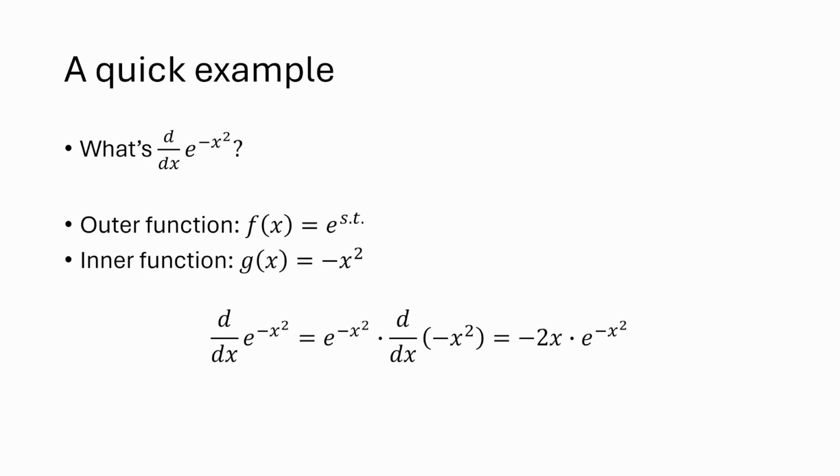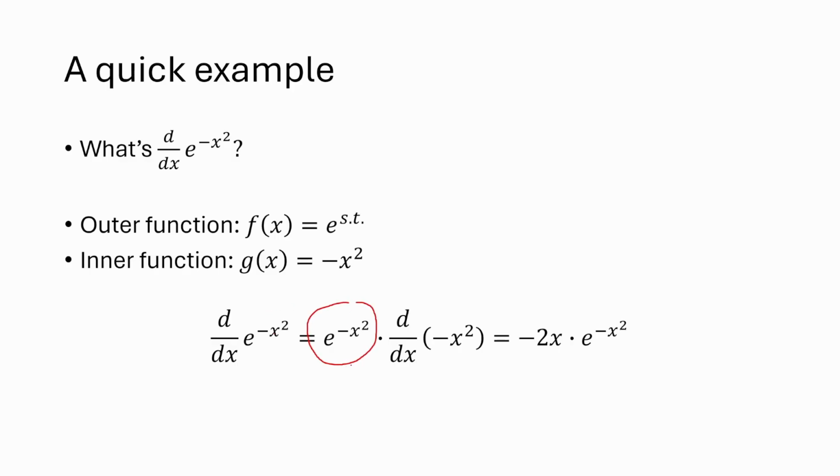And when you write it out, here's what you get. You will get derivative of e to the negative x squared is derivative of the outside, which because it's e to the something, that derivative is just e to the something. So that's the e to the negative x squared on the left here. There it is.